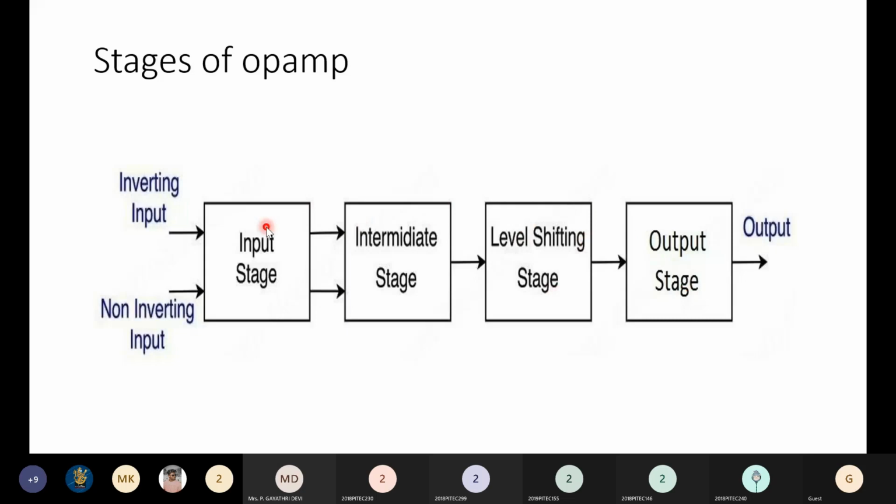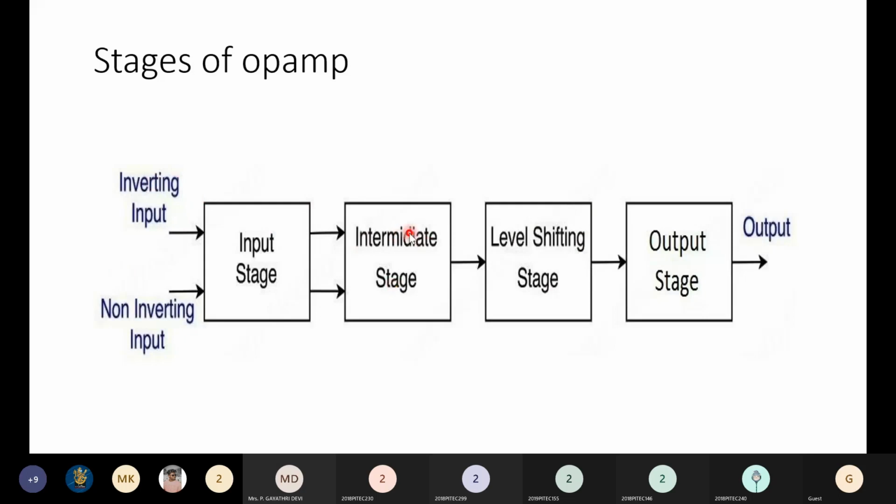The purpose of the input stage is to provide high input impedance. Okay, because op-amp has a characteristic that it will provide high input impedance. So that characteristic comes from this input stage. Okay, so in the input stage we are using a differential amplifier. A differential amplifier will always provide a high input impedance, and therefore op-amp will also provide a high input impedance.